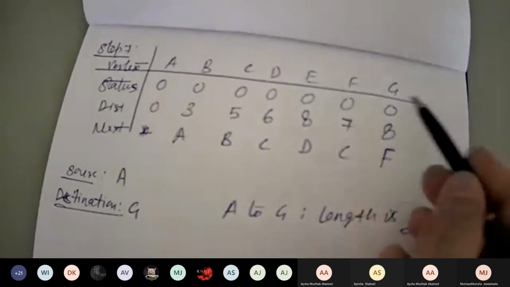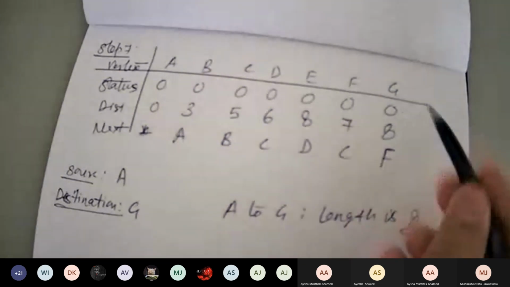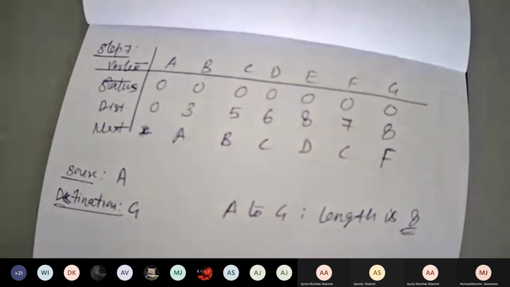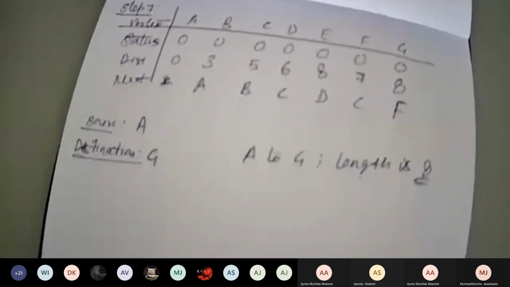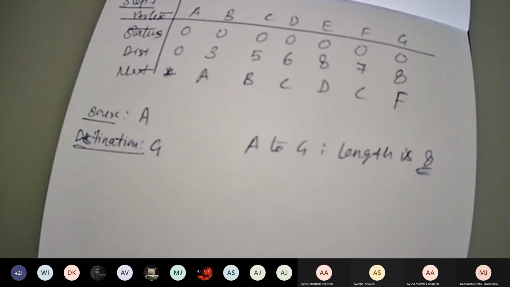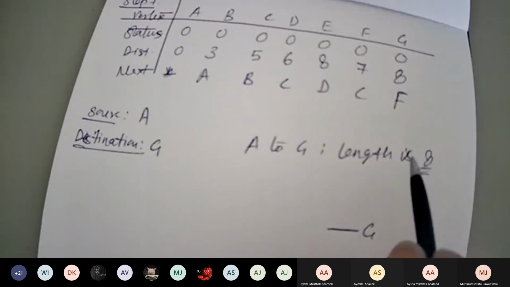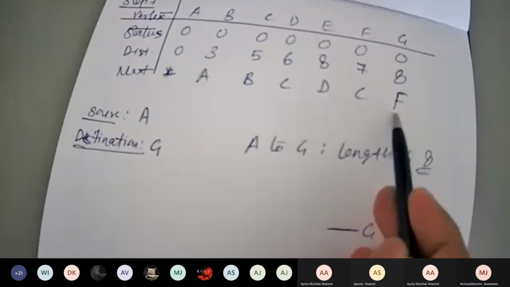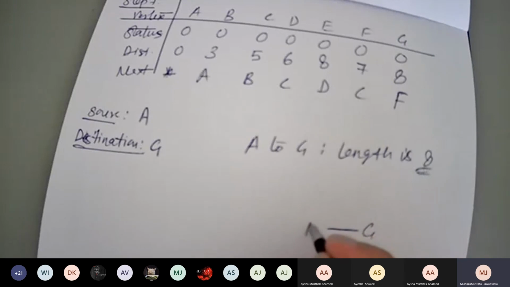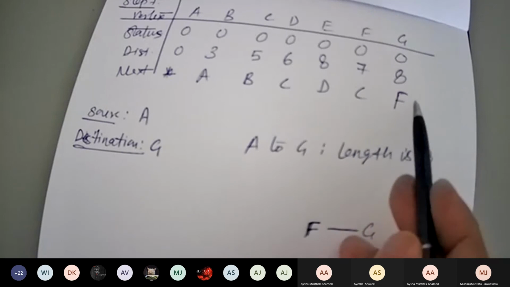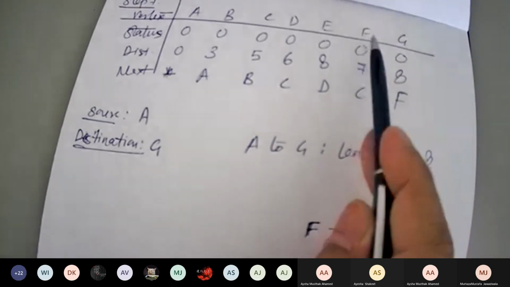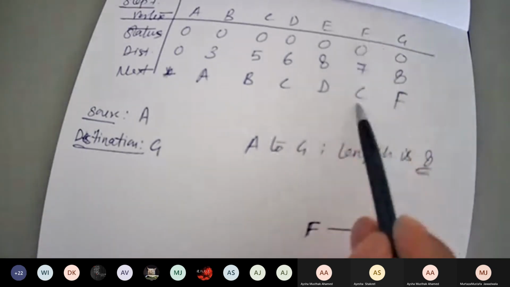So now you will check from G here. Let's write from right to left, then you will understand better. From G you reached via where? F, it's given here. So you will go to F now. F you are reaching via which vertex?